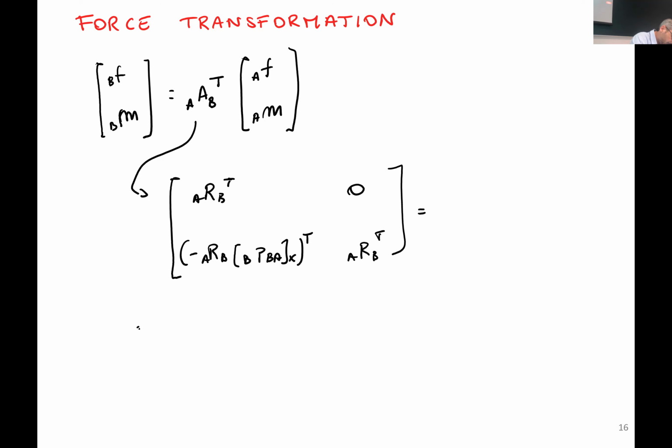And we flip the frames, so we get RBA here, a 0 here, RBA here, and we do the transpose of the second one times the transpose of the first one.